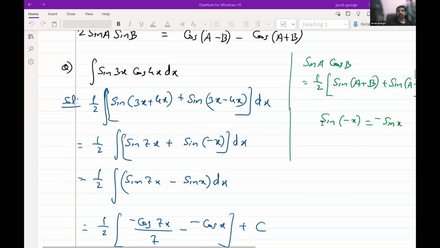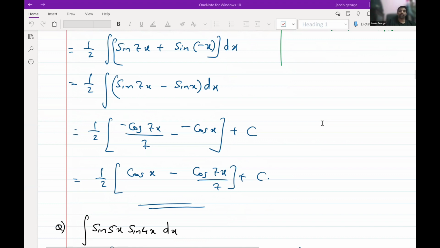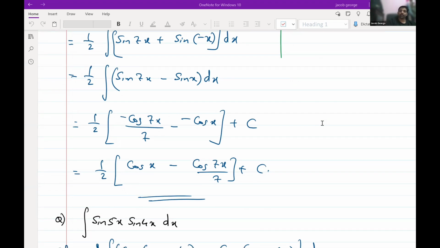Then we do the integral. Integral of sin 7x is minus cos 7x by 7, and the integral of sin x is minus cos x. Is it clear? Yes, sir. So then we have to do the integral like this and get the answer.